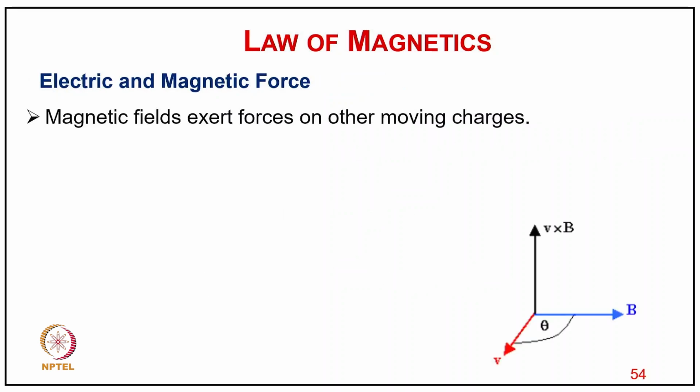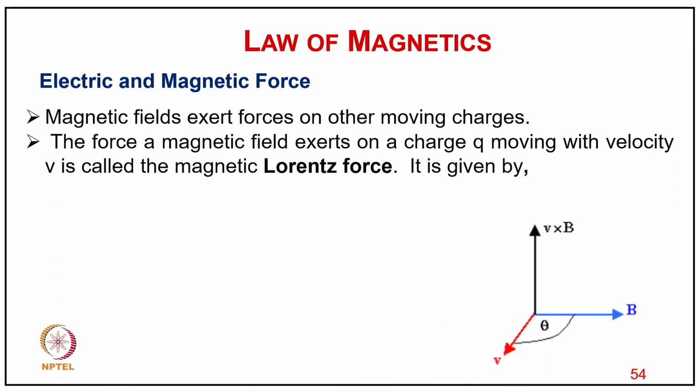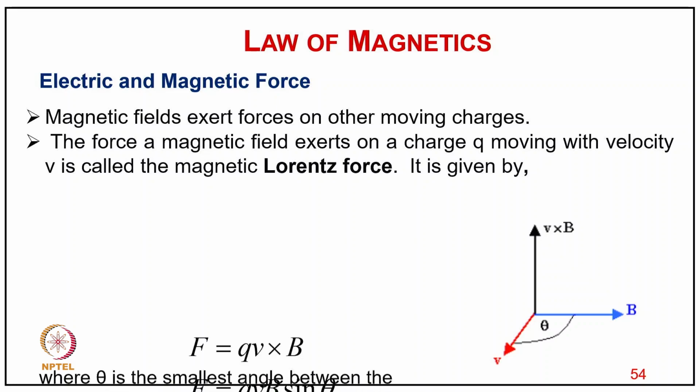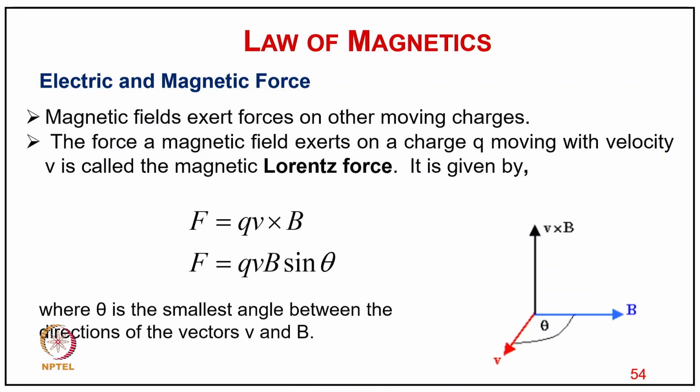Now coming to electric and magnetic force, the magnetic field exerts a force on moving charges. The force exerted by a magnetic field on a charge q moving with velocity v, called the magnetic Lorentz law, is given by F equal to q v cross B, where q is the charge, v the velocity, and B the flux density.